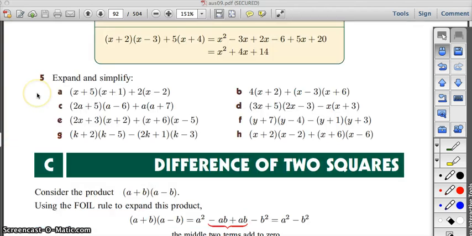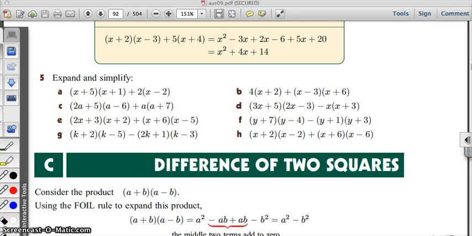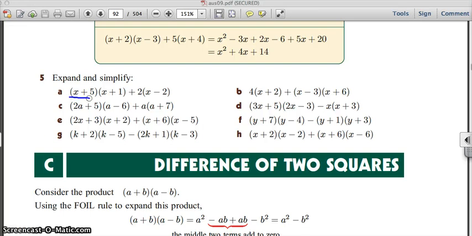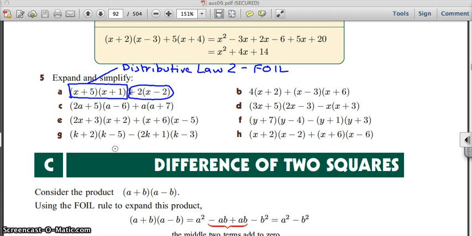Okay, so with these, what we're trying to use is to say we've got a certain amount of FOIL going on here. Okay, so this is distributive law 2, which is our FOIL process. This, however, is different.